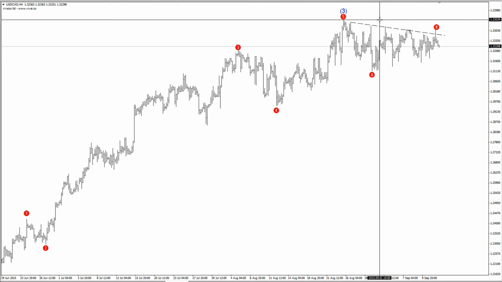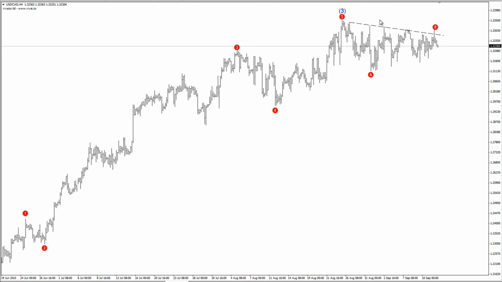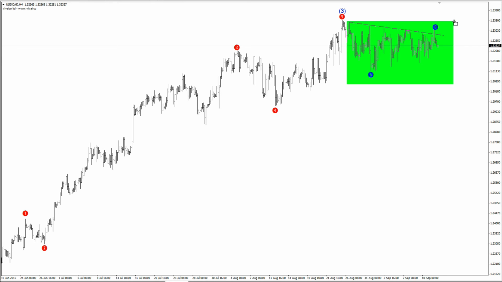So the latest high I have labeled now as minute wave 3, 133.54 is the high now, and this latest sideways range is an A wave plus a B wave triangle, and those of you who are watching the video can clearly see that this is the formation I'm talking about.